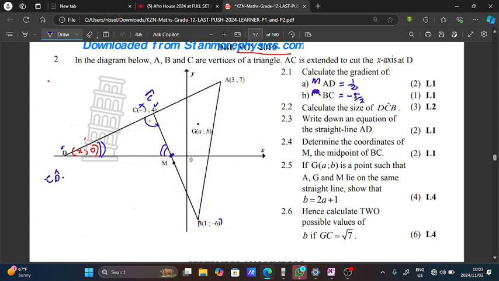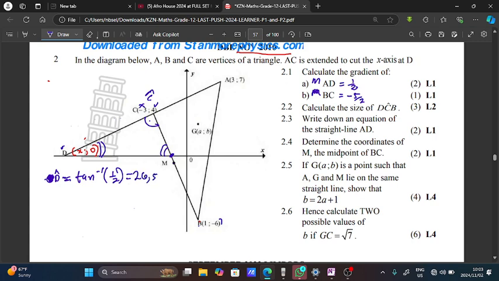Angle D is fine. What do you get? Remember, for us to get that, we want the gradient. So that would be the second function of tan of the gradient of AD. What do you get?